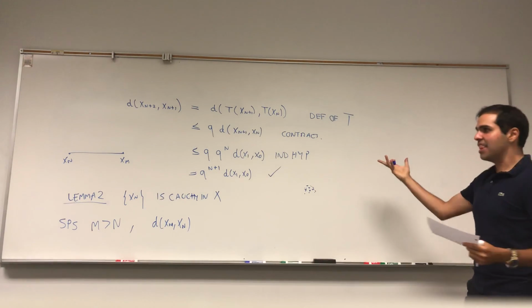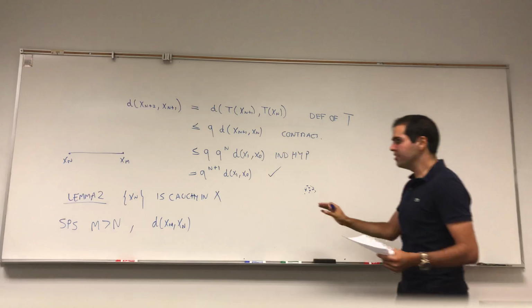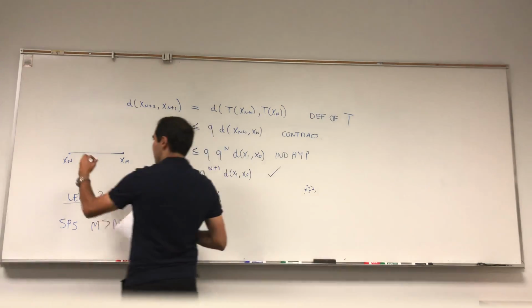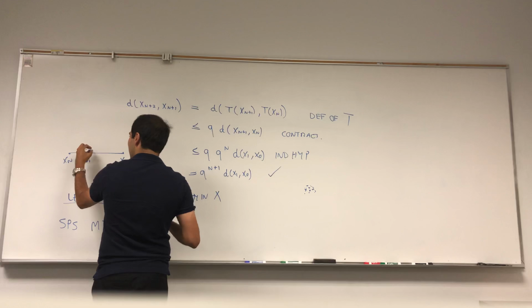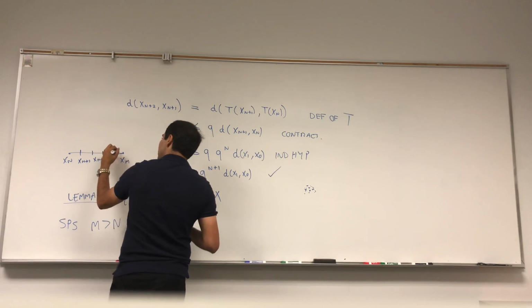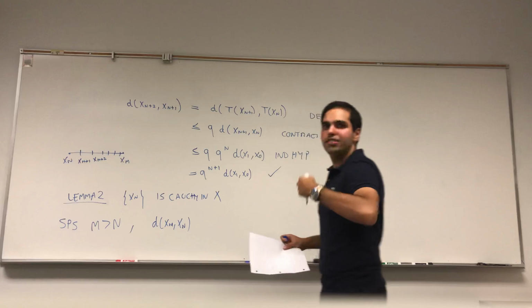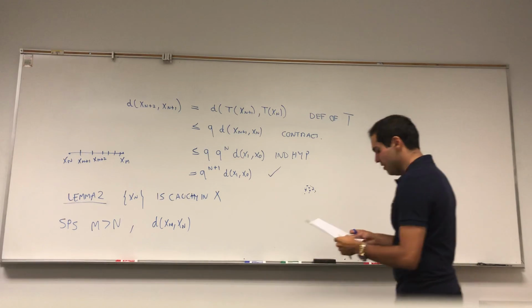And look, what does Lemma 1 tell us? It tells us that at every step, we get a better and better estimate. So this is pretty close, this is even closer, and what we want to do is just separate it out step by step.